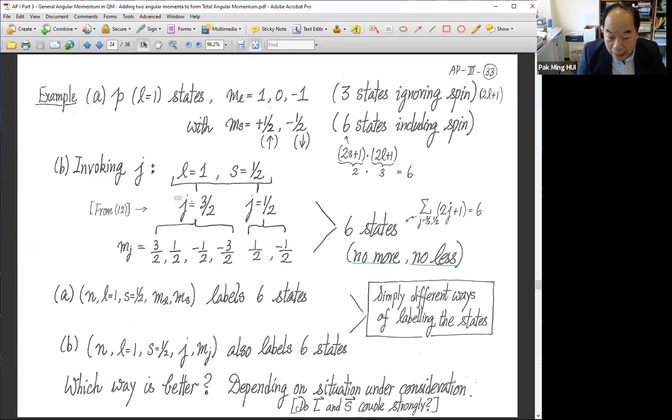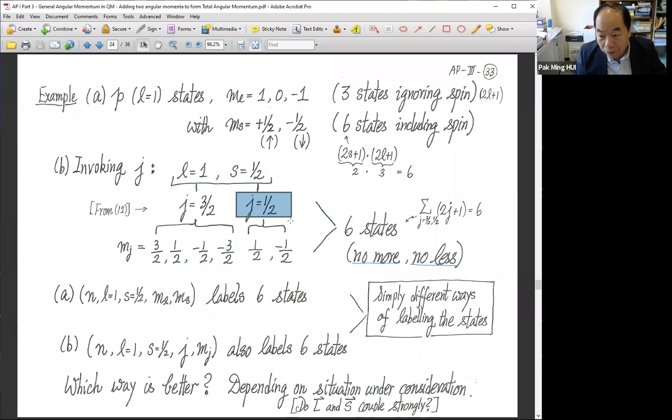But since it is an angular momentum, the Z component for J is 3/2. There are 4 Z component values. That goes from 3/2 h bar to minus 3/2 h bar, 4 different states, 4 different mj values.